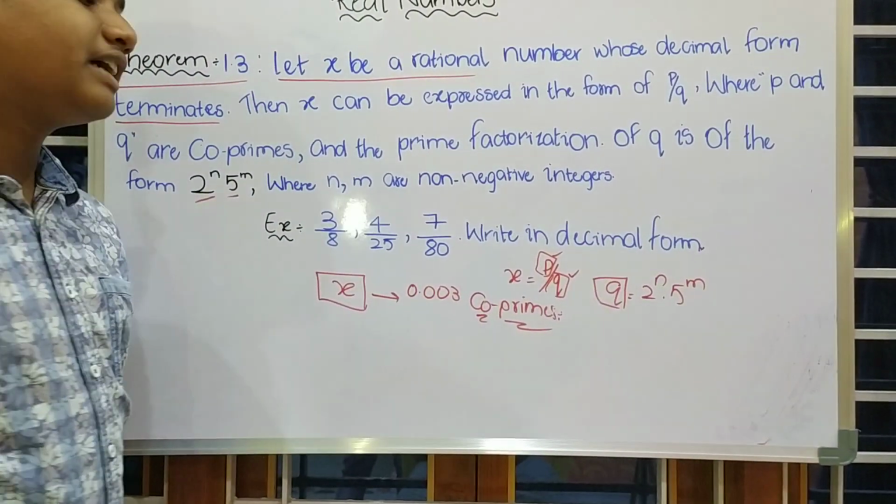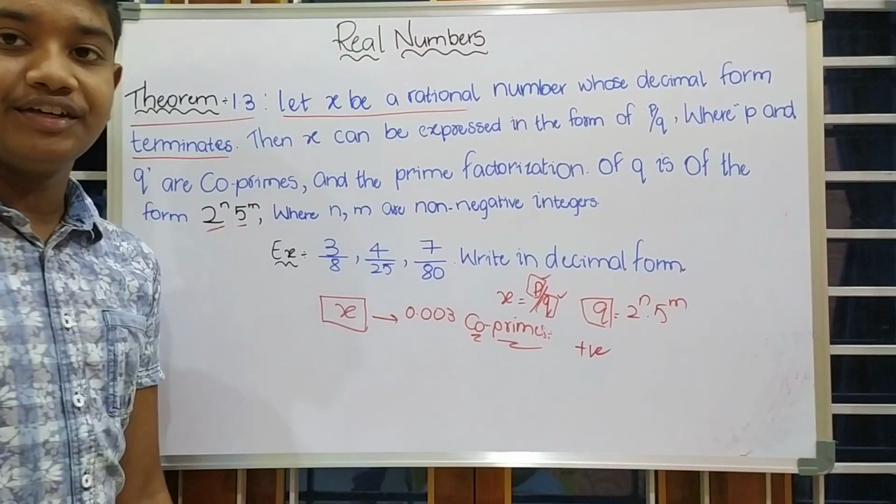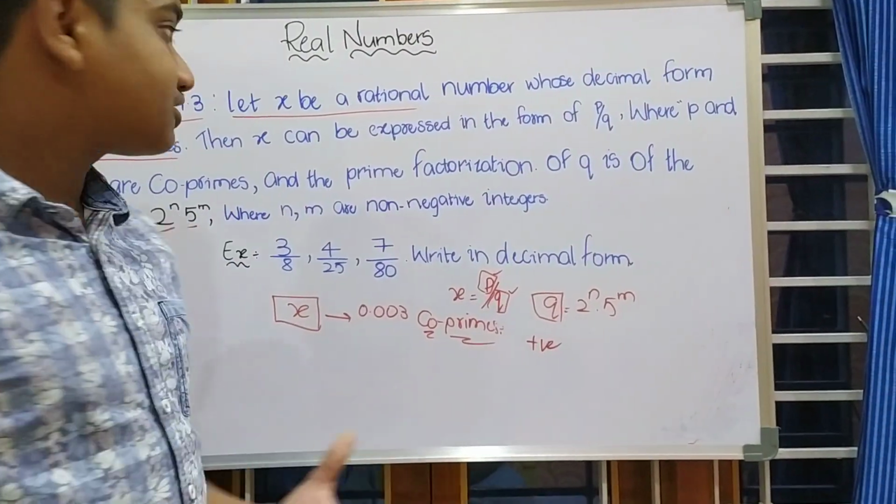What is meant by non-negative integers? They are zero and the positive integers. Okay, have you understood?